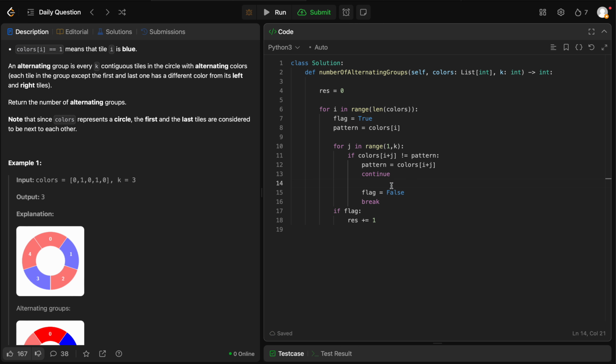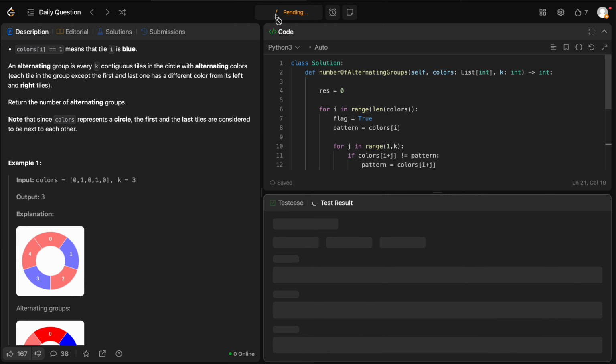Otherwise flag is false and break. And if I got a flag, I increase res and I return res. That seems it to me.